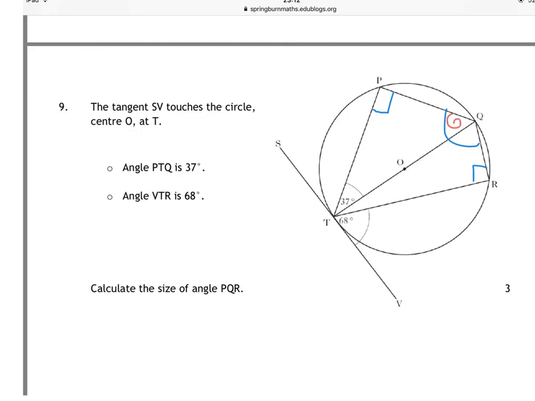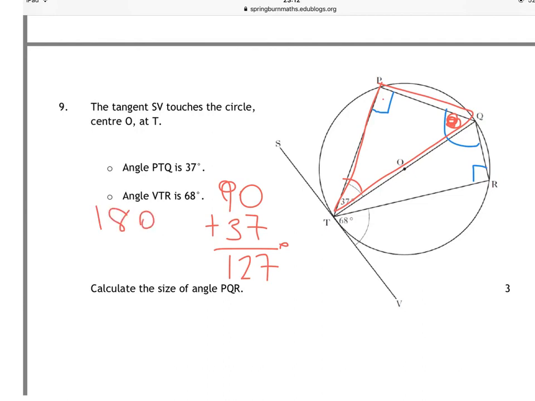Now I've got enough information to work out the size of that angle, since I know that angles in the triangle add up to 180, and that's 90 and that's 37. So 90 plus 37 is 127, and then it's 127 off of 180, and the angle there is 53 degrees.